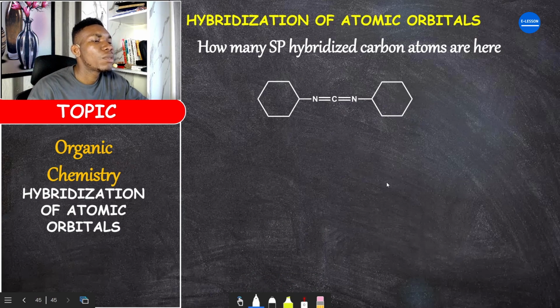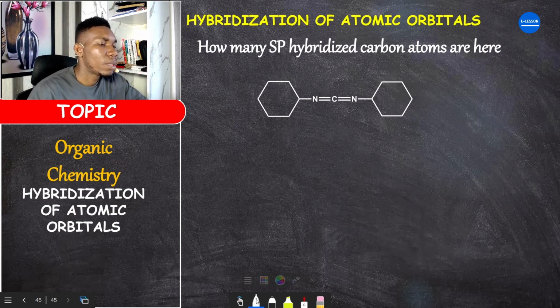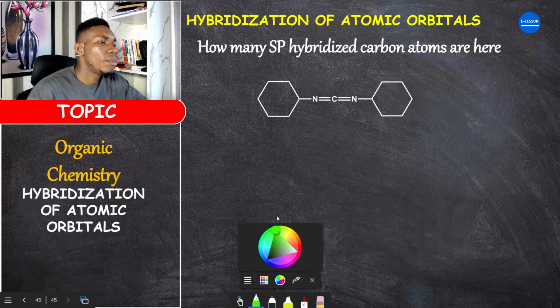Now how about this one? How many sp hybridized? Now you might just look at this and say, it's a double bond, so it is sp2. You'll be wrong. If you look at this structure very well, there's something unique about this particular one. Now look at this. This is a carbon atom. We say wherever we have a double bond, one of the bonds is a what? A sigma bond, and the other one is a what? A pi bond.